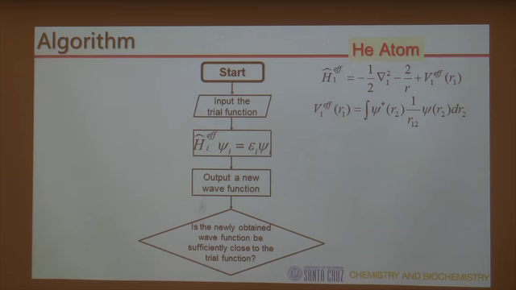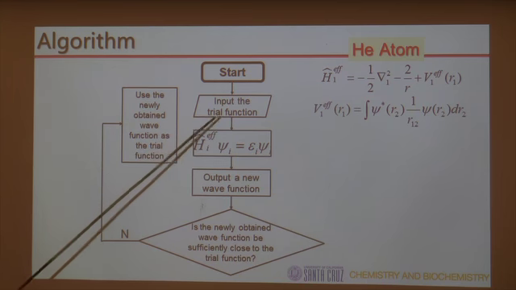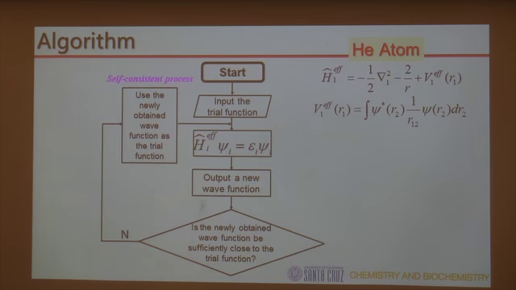If your answer is no, meaning it differs quite a lot, please return to this step. Use the new wave function as the trial wave function and go through this step again. This process is called the self-consistent process, and that's why the Hartree-Fock method is defined as a self-consistent method.